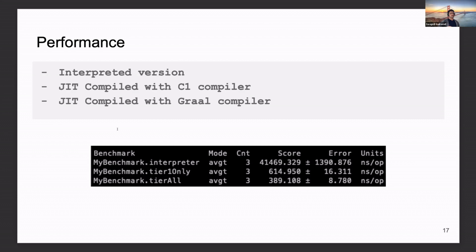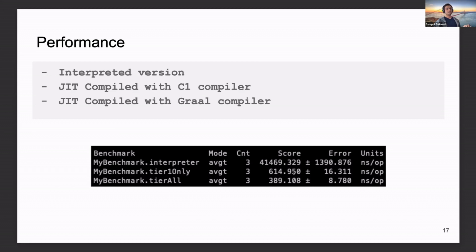In the first column, you have the different modes of execution. The first one is for executing purely in the interpreter mode. The second one is tier 1 only, which is using only the C1 compiler. And the third one is the Graal compiler.